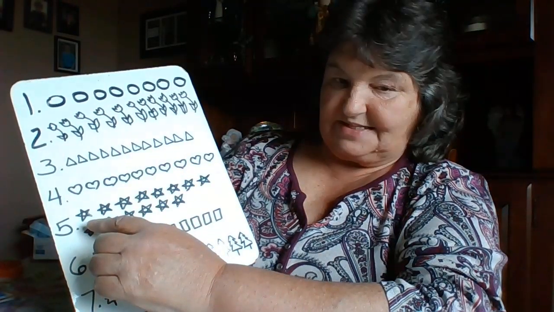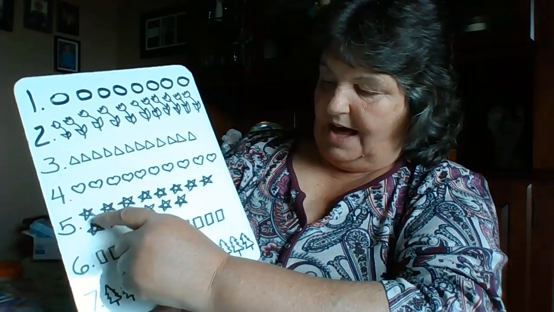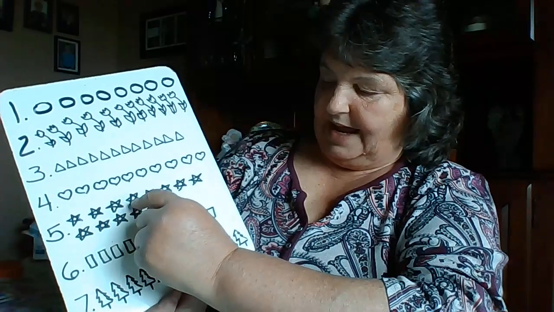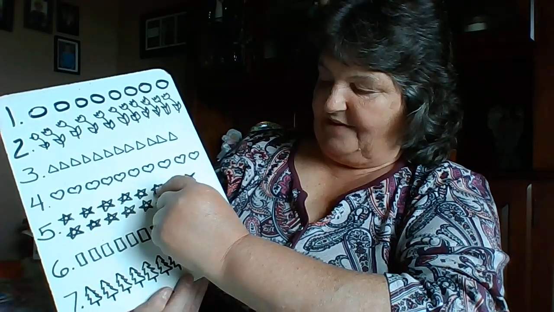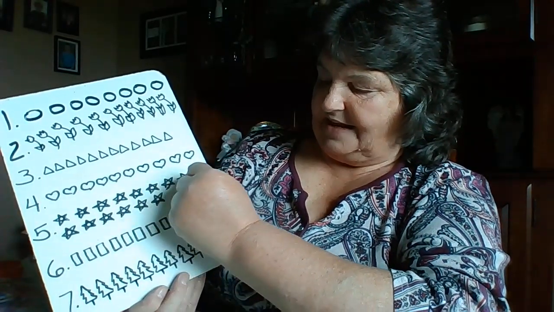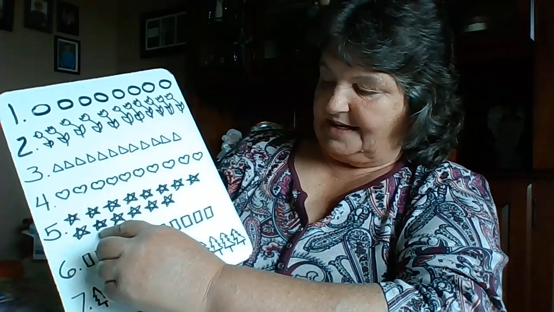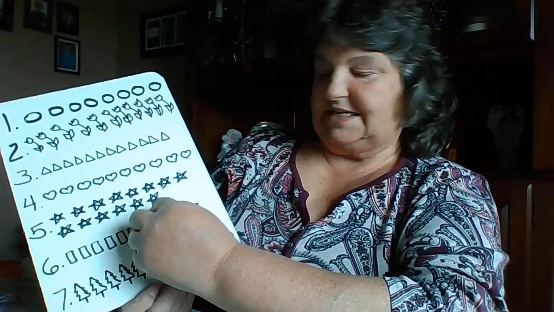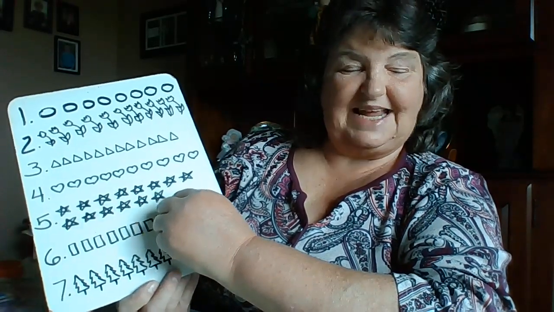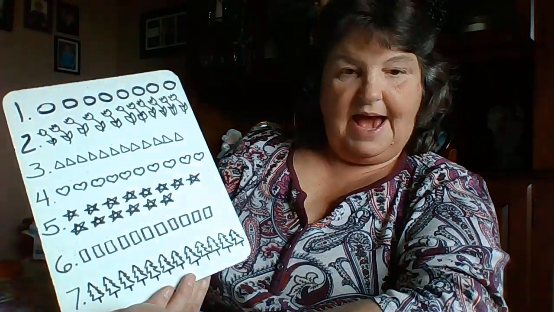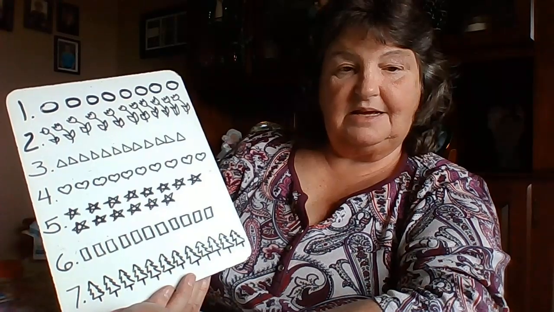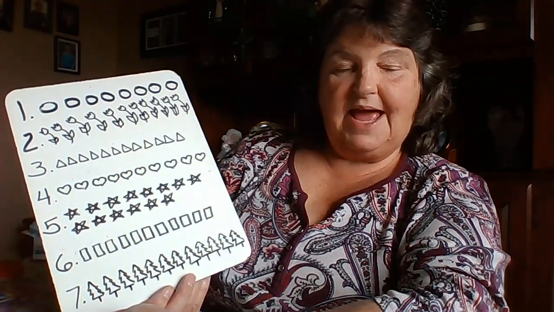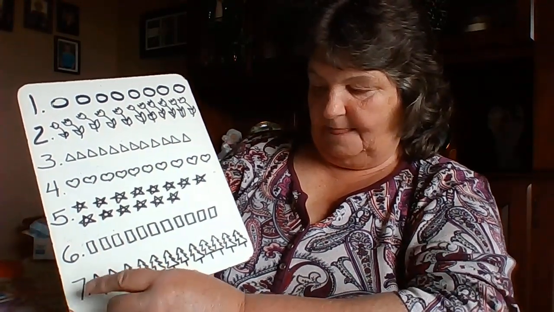Number 5, let's count the stars. 1, 2, 3, 4, 5, 6, 7, 8, 9, 10, 11, 12, 13, 14 stars. How do we write a 14? A 1 and a 4. Good.